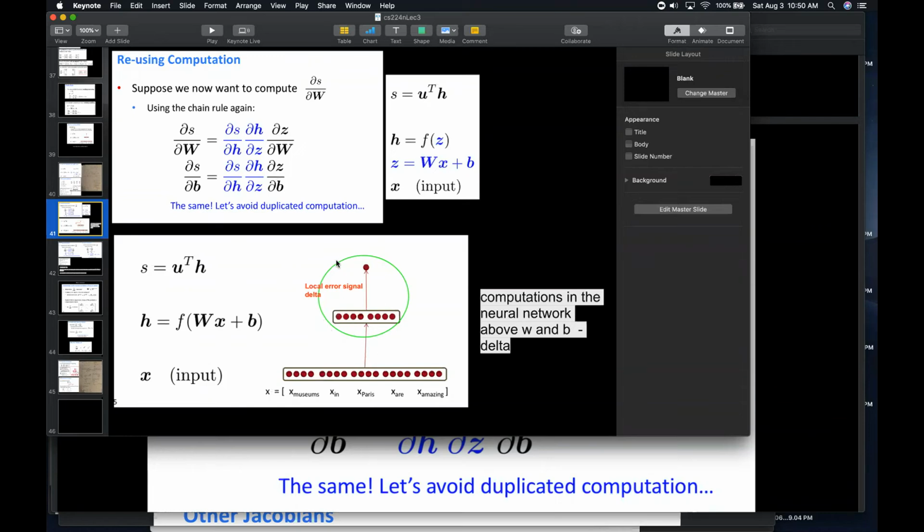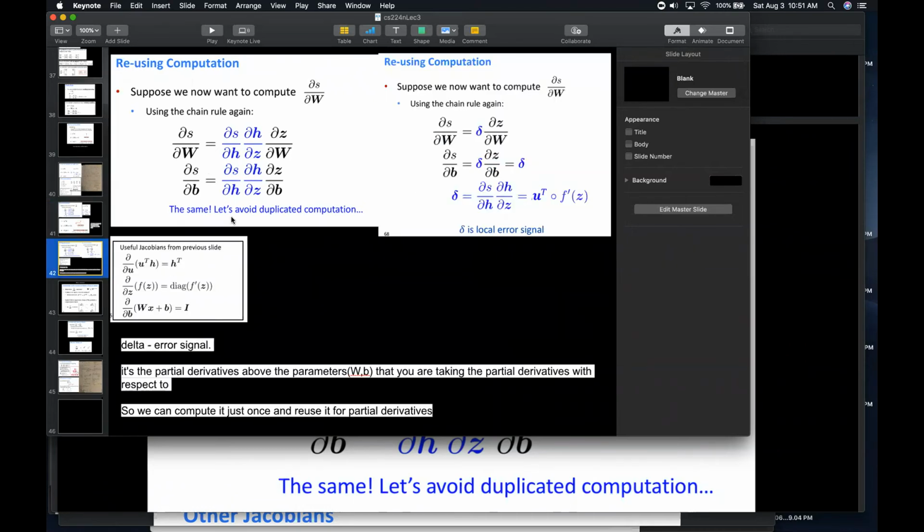This common part is the local error signal, which he calls delta, which is the computation of the neural network above this W and B. That is introducing this new thing, the error signal, called delta. Using this equation of delta S by delta W and replacing this by delta, you get this delta, and again you have the overload in notation over here.